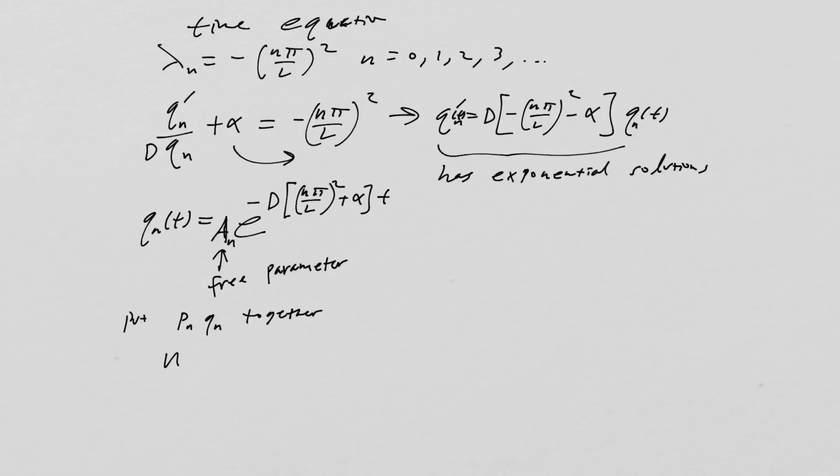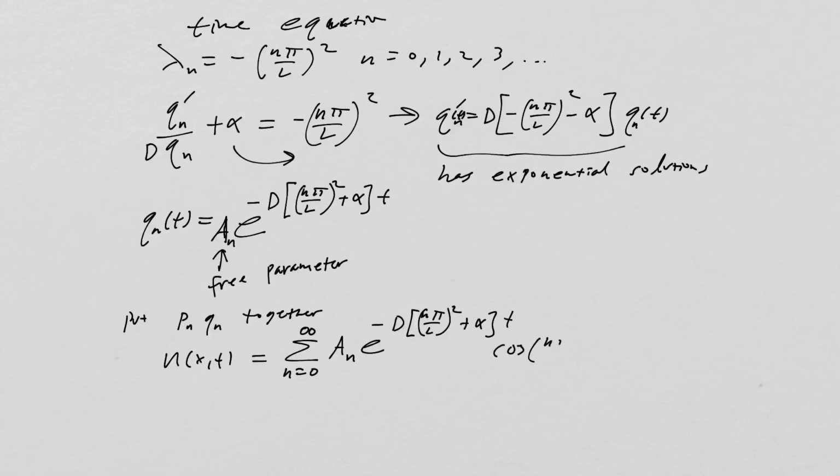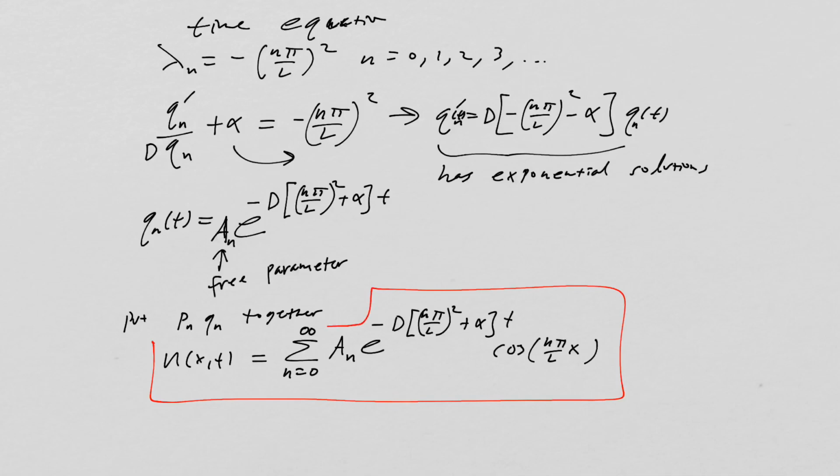We'll just say u of x comma t is going to be equal to the sum n starts at 0 and goes up to forever times an e to the negative d n pi over L quantity squared plus alpha times t times cosine of n pi over L x. Right, so this right here is our general solution.